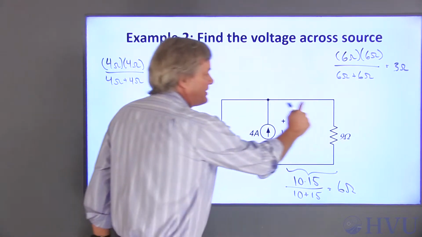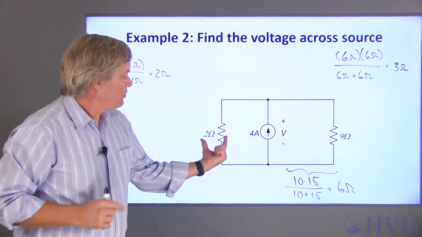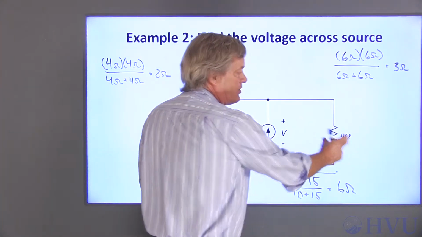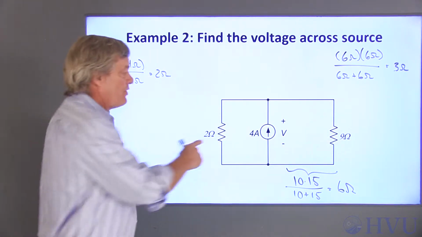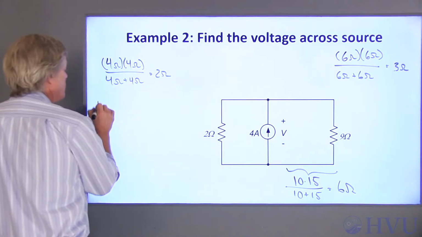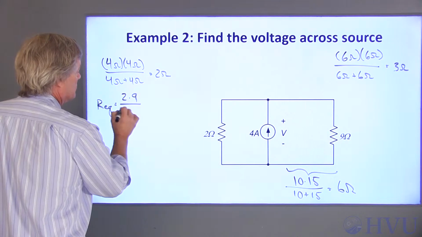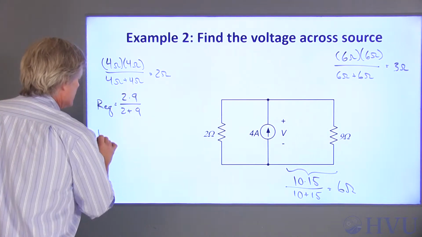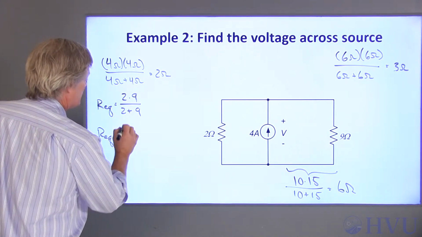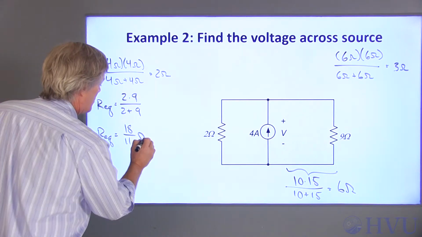If I loop around this outer loop, I encounter only the 2 ohm and only the 9 ohm resistance. So those two are in parallel, and the equivalent resistance, REQ, is 2 times 9 over 2 plus 9. So REQ is equal to 18 over 11 ohms.